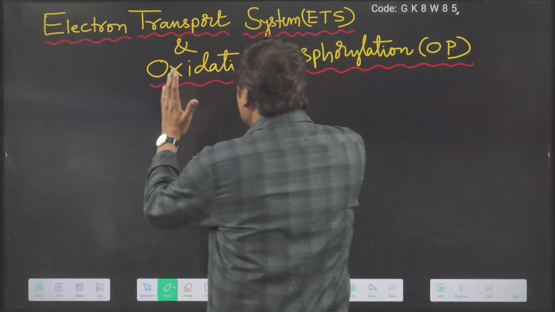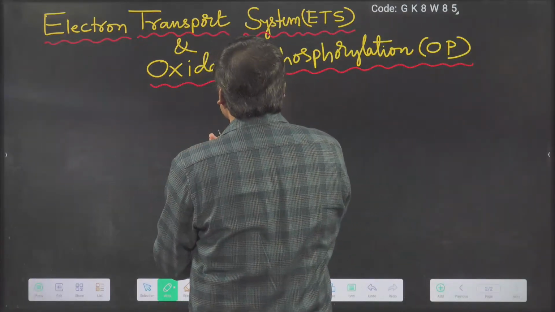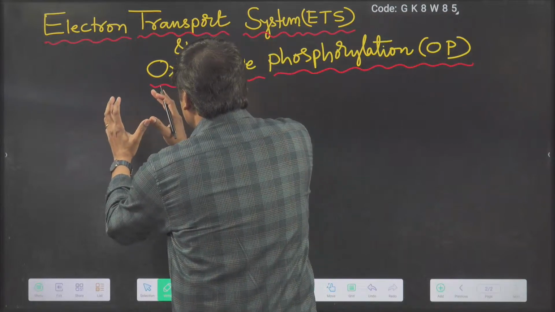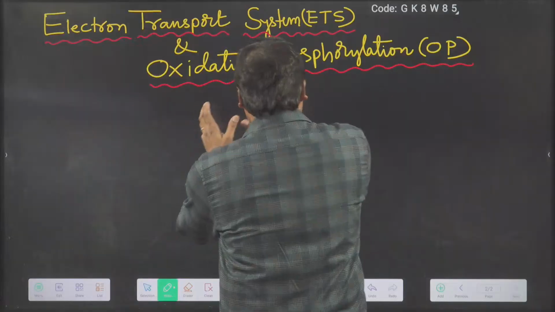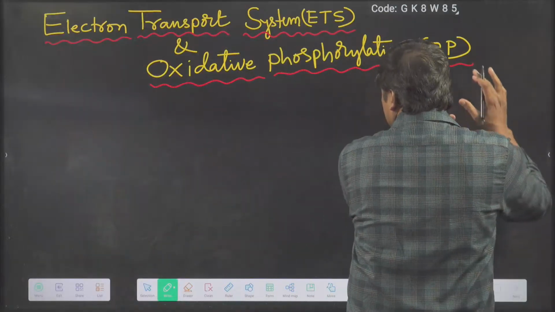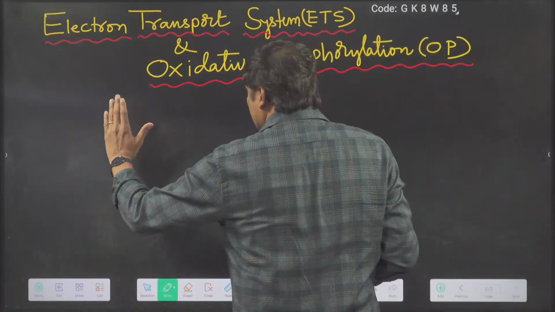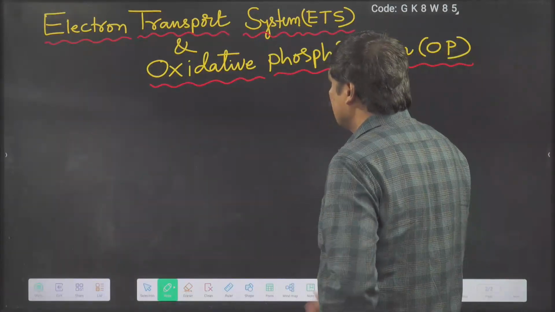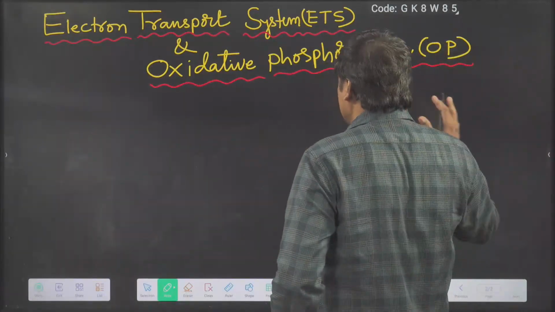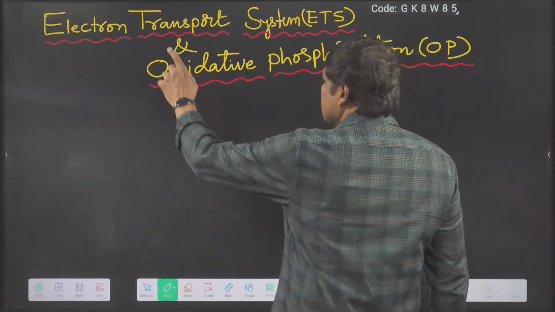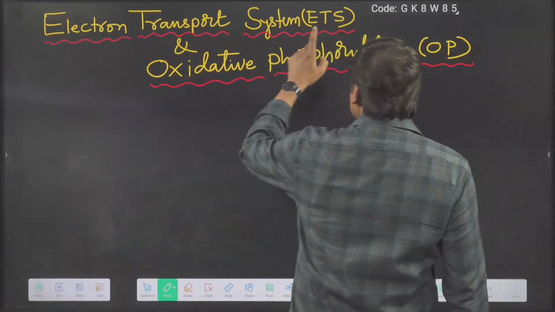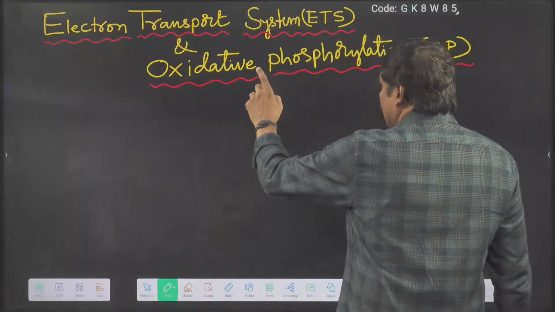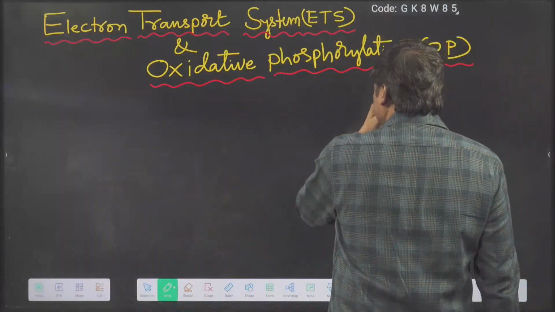So electrons are transported from one electron carrier to another, another to another, like this. As electrons are transported in a systematic manner, this is called electron transport system. Then what is meant by oxidative phosphorylation?